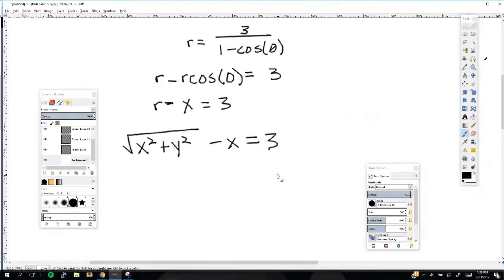You could add the x over. I feel like you have to do these problems and then erase them a billion times.